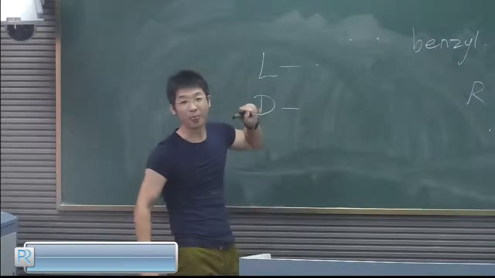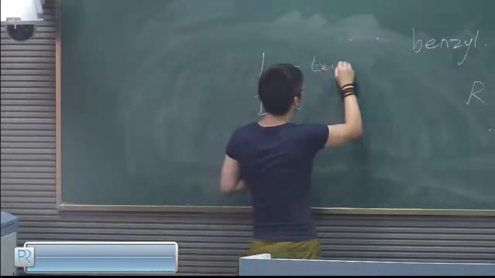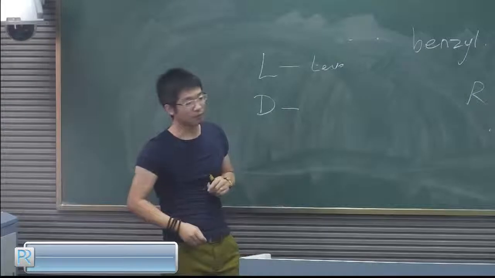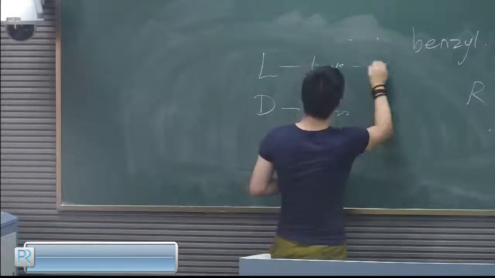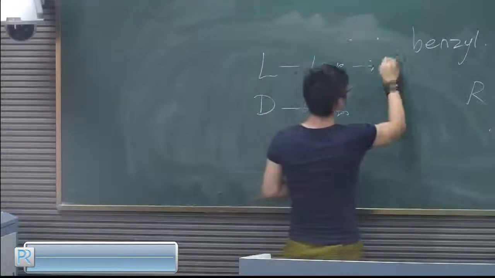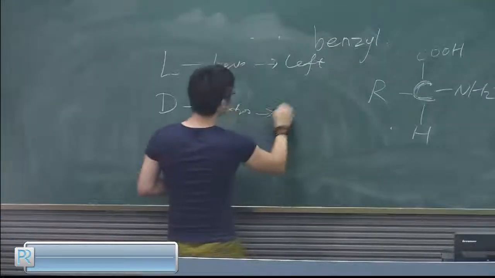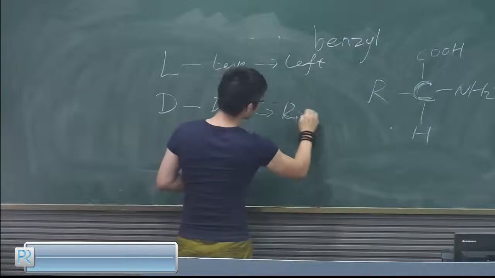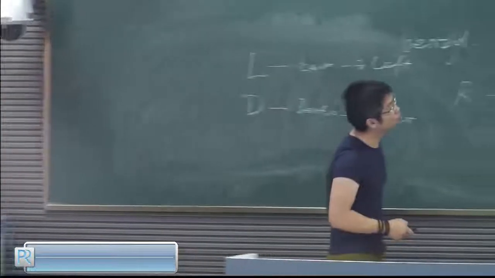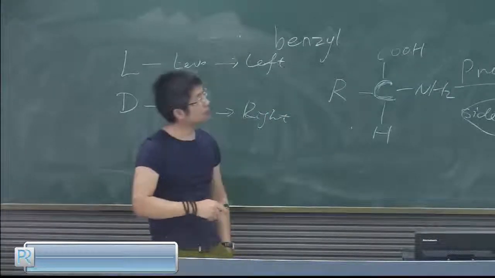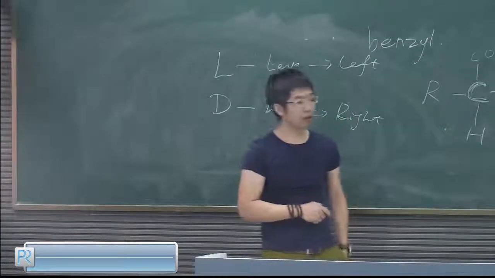L means levo, which means left, and D means dextro, which means right. They are so different. But in humans, proteins contain only the L-type amino acid.